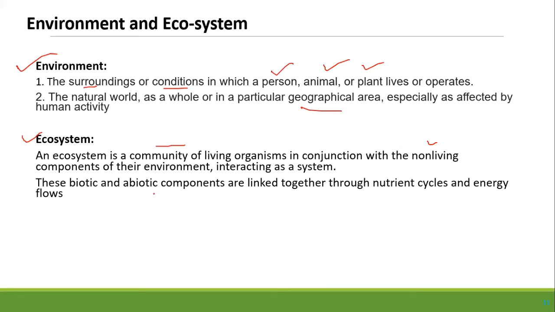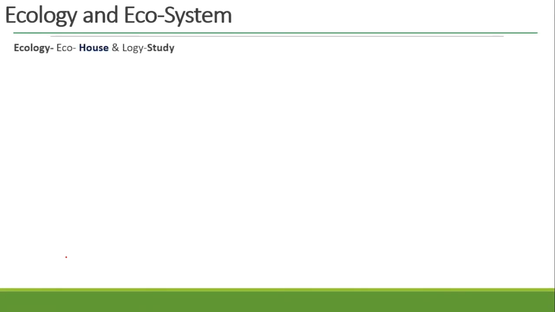An ecosystem contains two important components, that is biotic and abiotic components, and they are linked together through nutrient cycles and energy cycles, and this dynamic equilibrium is very important. Okay, so this is energy balance or ecological balance, we can say. So how that balance is there, we will see.